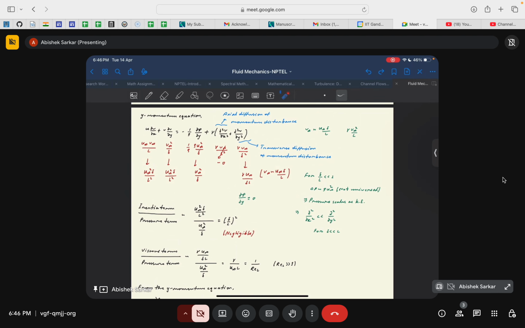So just to let you know, this session is an extra session which I am taking. This discussion on boundary layer theory will not be asked in your exam, because boundary layer theory is not a part of this basic fluid mechanics course.